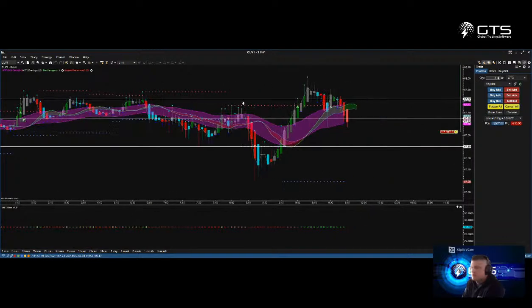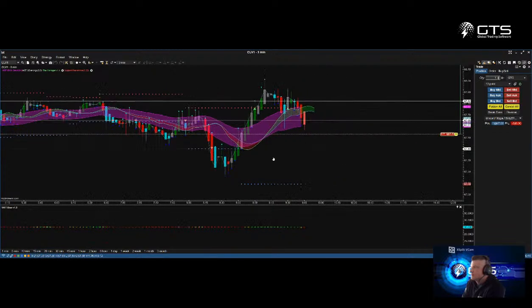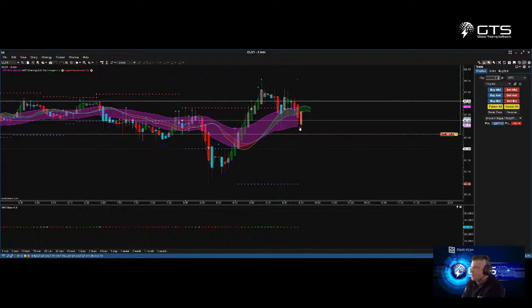Heikin-Ashi here. Let's see here. All right, so we punched down the bottom of this EMA cloud right here, but we're kind of waiting on the manager to give some sort of indication that the move has failed.